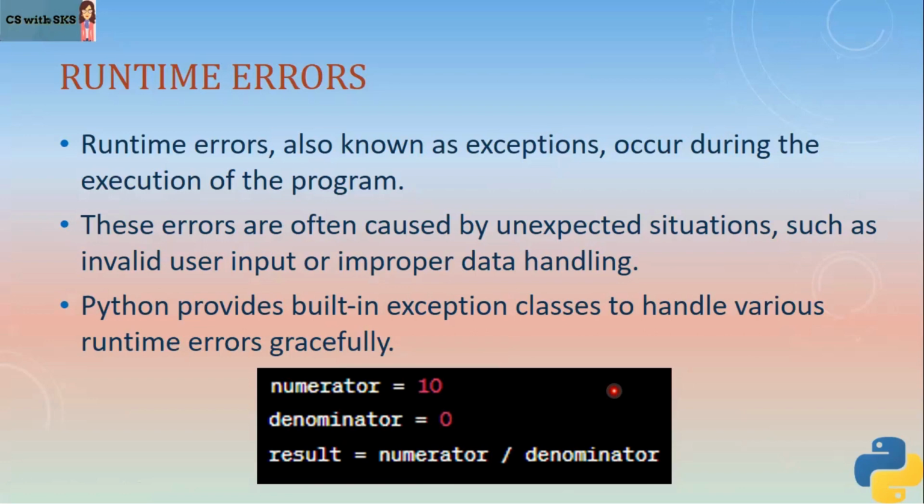There is no logical error, because maybe during the code you were trying to divide that number with some other number. However, during the execution time, some variable got the value as 0, and then that is how division by 0 error occurred. So these are runtime errors that you encounter during the program executions.